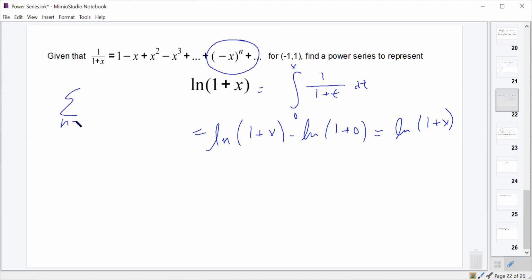So what we'll do then is take this series, the sum from n equals 0 to infinity of negative 1 to the n, x to the n, and we'll just integrate it from 0 to x. And what does that give us if we integrate that?